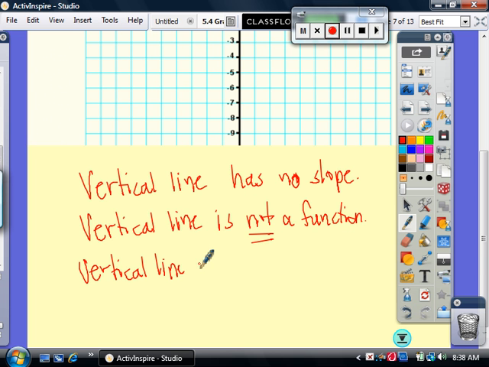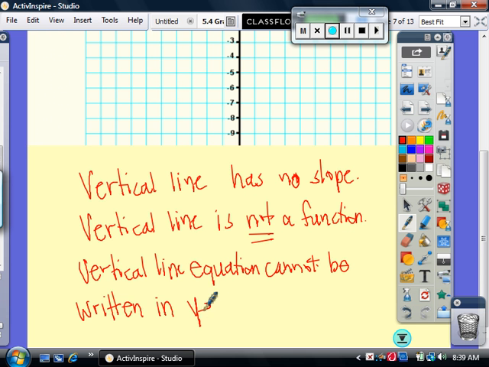The vertical line equation cannot be written in slope-intercept form.